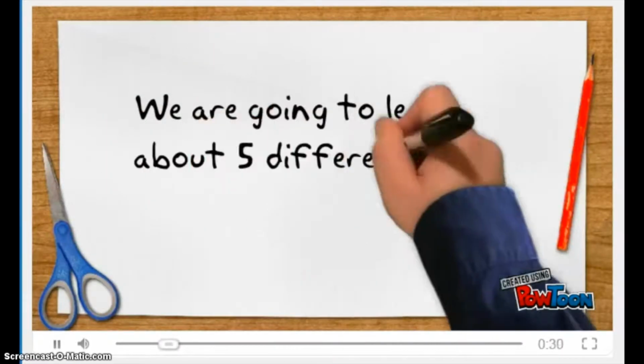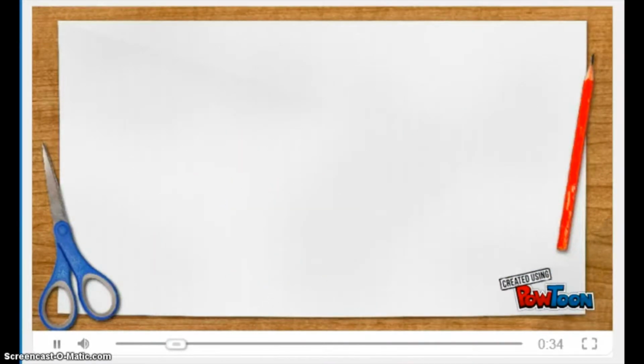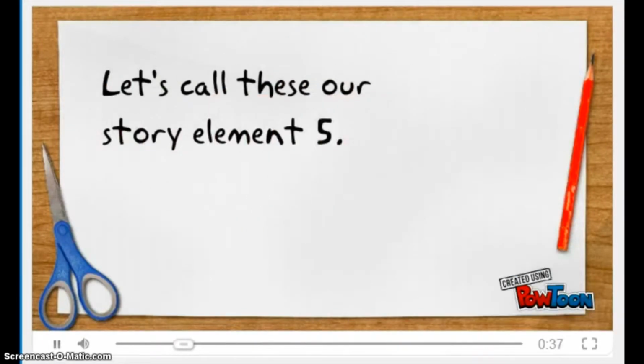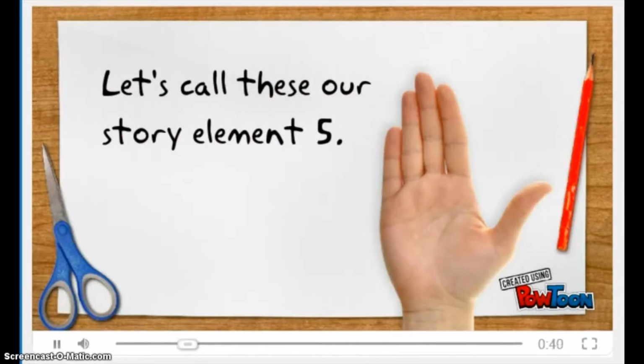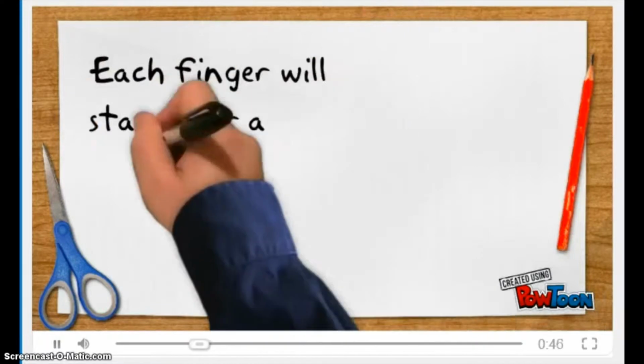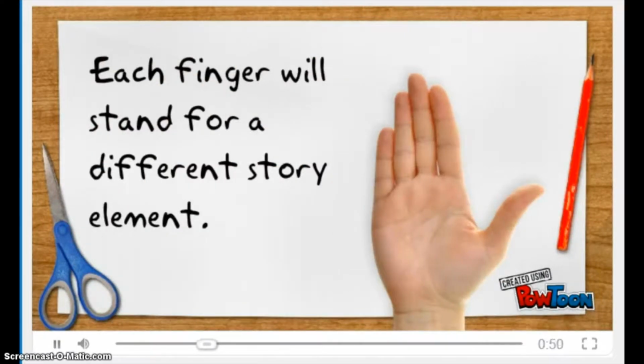We're going to learn about 5 different story elements. Let's call these our story elements 5. As in our hand, 5 fingers, 5 elements. Each finger will stand for a different story element. 5 of them.